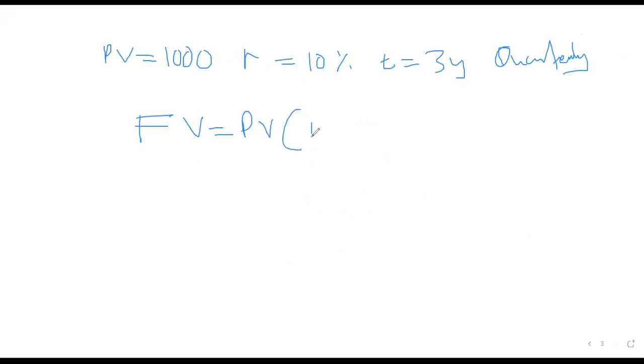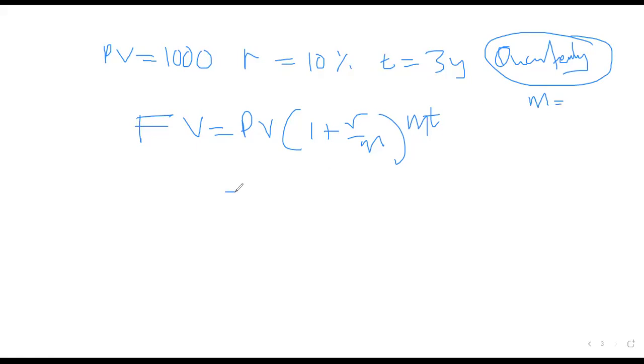Present value times 1 plus R over M, to the power MT. Quarterly means we are going to earn compound interest how many times? What is our M on a quarterly basis? It's compounded quarterly, 4 times.